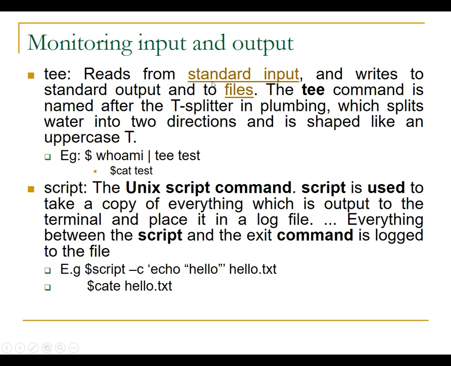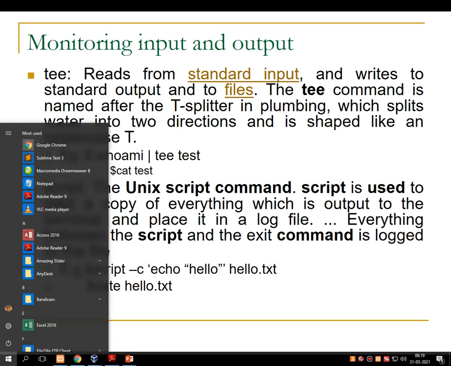Tee reads from standard input and writes to standard output and into a file. The tee command is named after the T splitter in plumbing, which splits water into two directions and is shaped like an uppercase T. So let's see how we can perform this particular command.